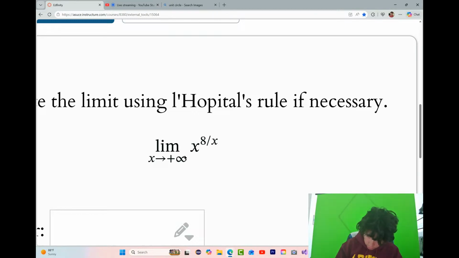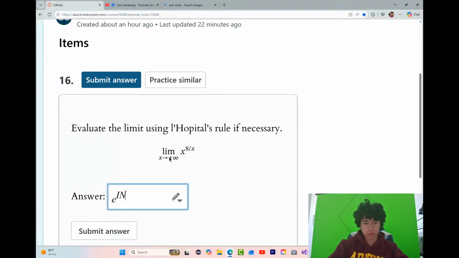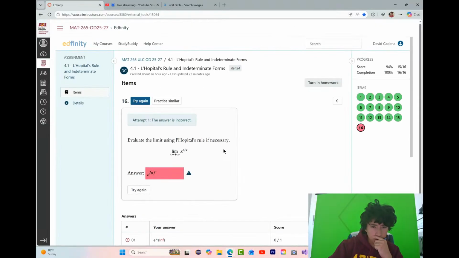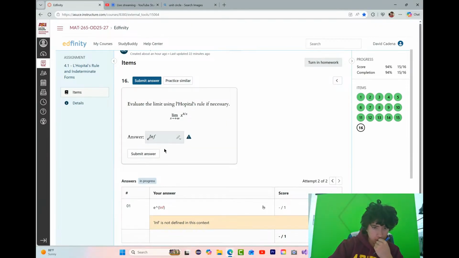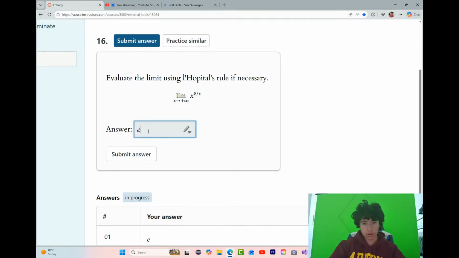Oh wait, hold on, I think we got this. So a natural logarithm, then we do x over x. There you go. So I'm guessing this tends to infinity, e to the power of infinity. Oh, sorry, not e, that's not right. No, actually, yes, e.